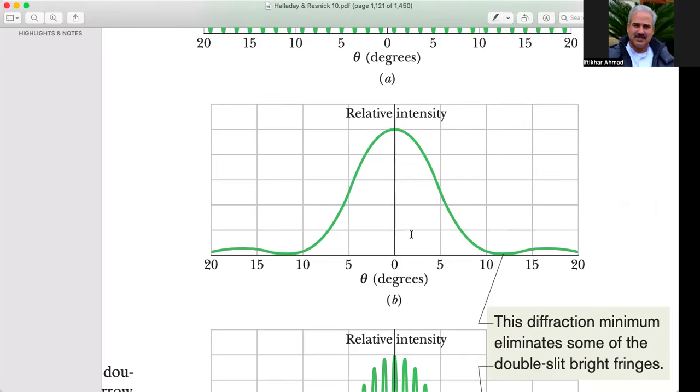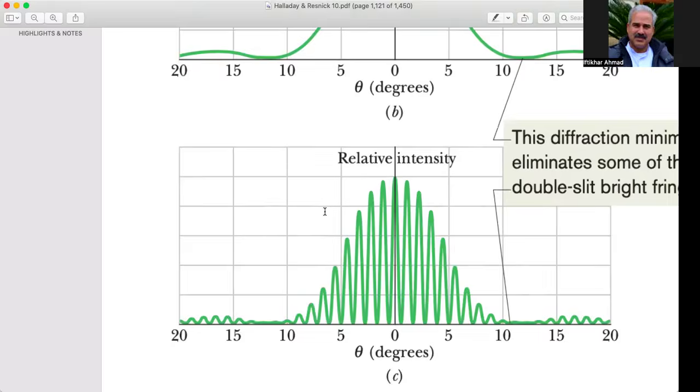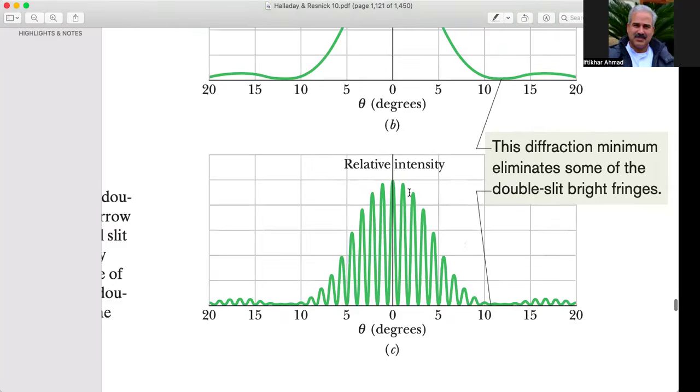Otherwise, the patterns of both of them will be the same. Now, if we open both the slits together, we get something like this. Now look at this pattern.